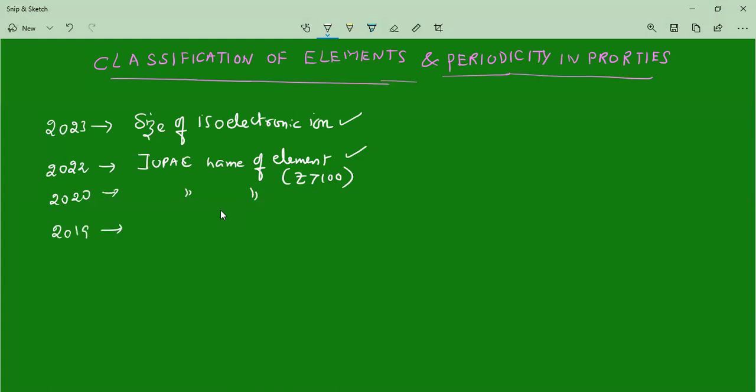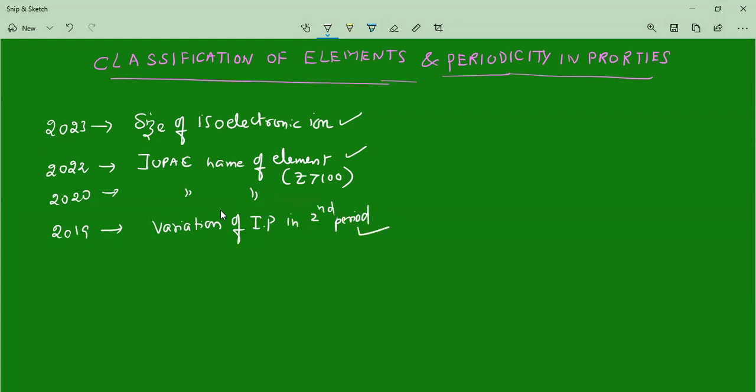Yes, if you start observing 2019, in 2019 they asked the ionization enthalpy order. That means variation of ionization potential in the second period of elements.